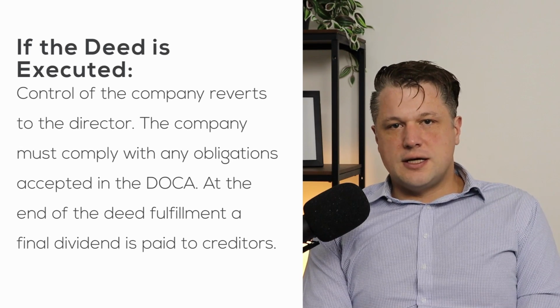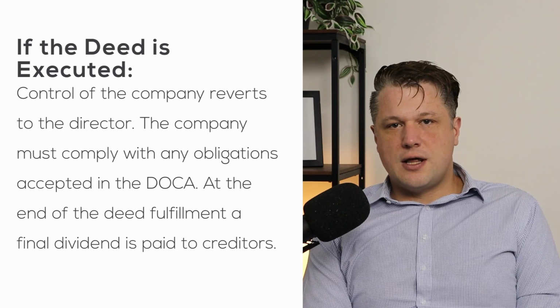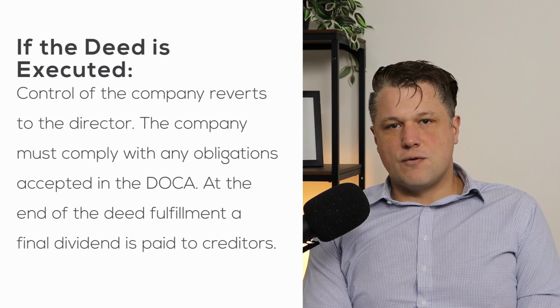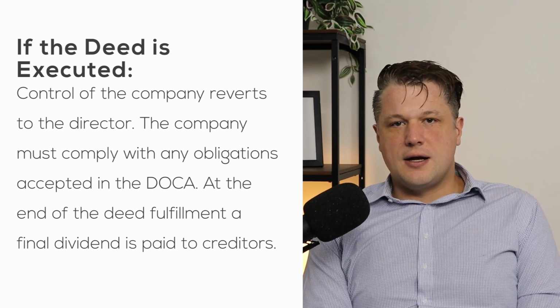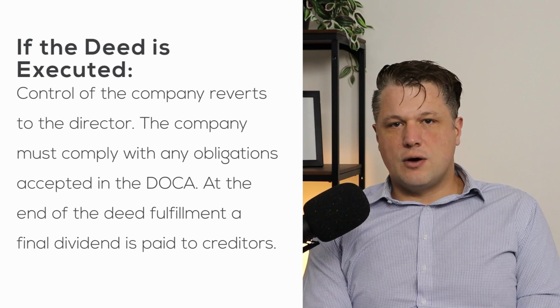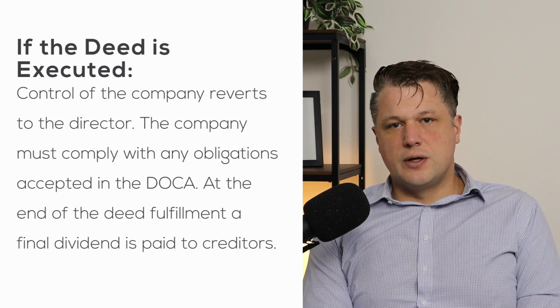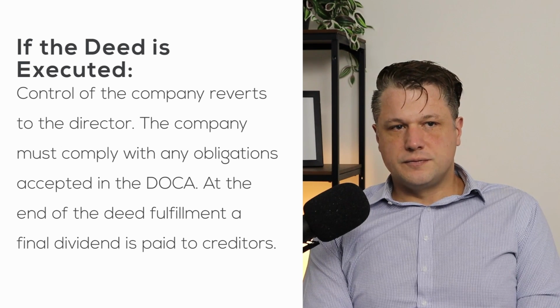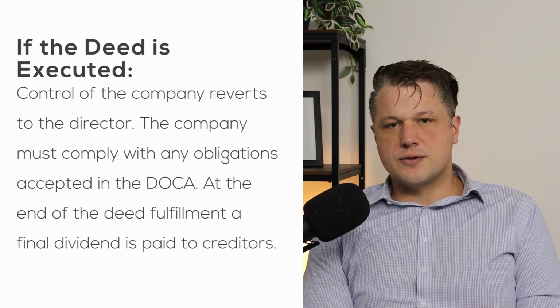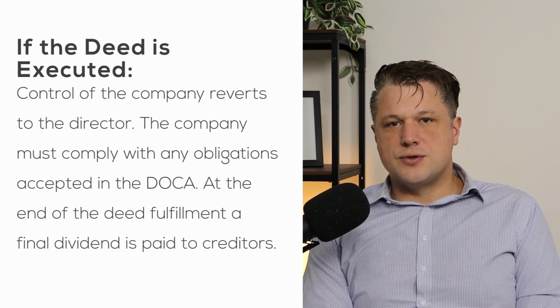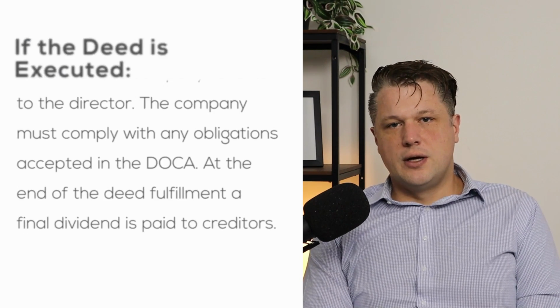In the event that a deed of company arrangement is executed, then the company's control reverts to the director, and it's up to the company to comply with the obligations under the proposal that was put forward to creditors. At the end of the deed of company arrangement, a final dividend will be paid to the creditors to satisfy their claims that existed at the time of the appointment of the administrator.